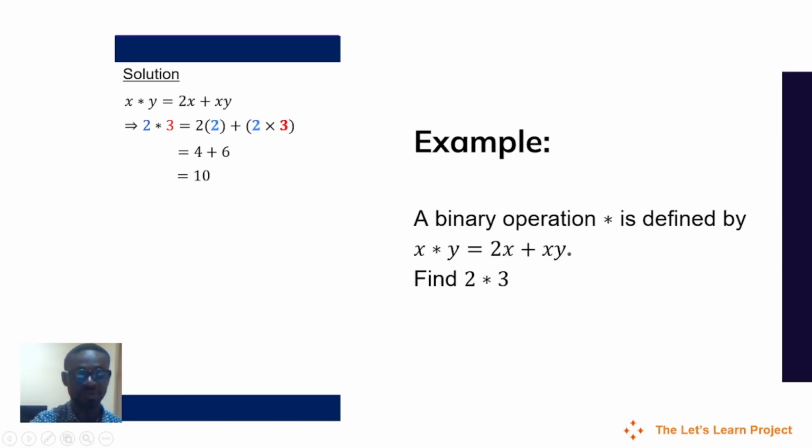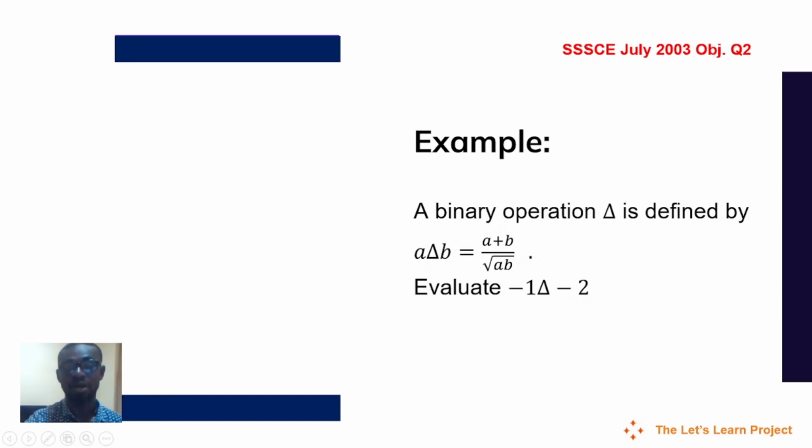Let's look at another example. A binary operation delta is defined by a delta b equals a plus b all over the root of a times b. So this time we have to evaluate -1 delta -2.